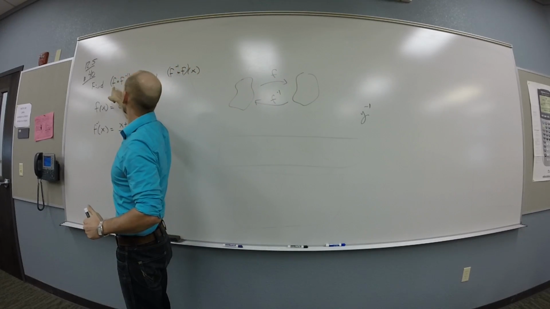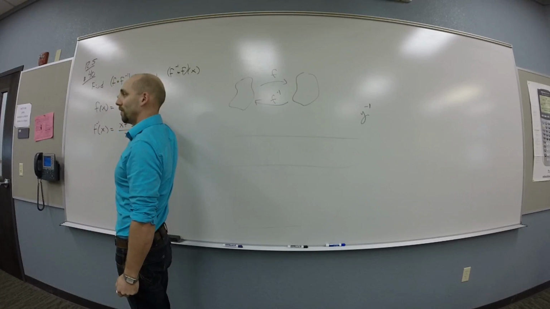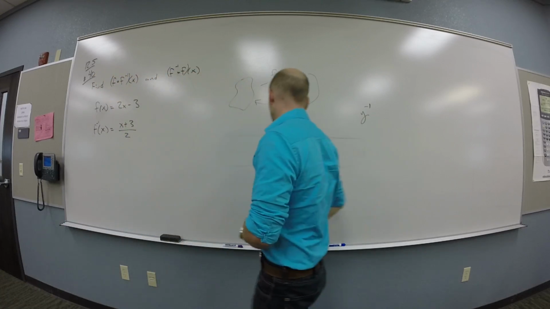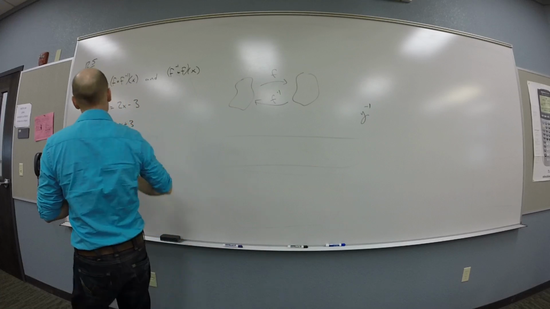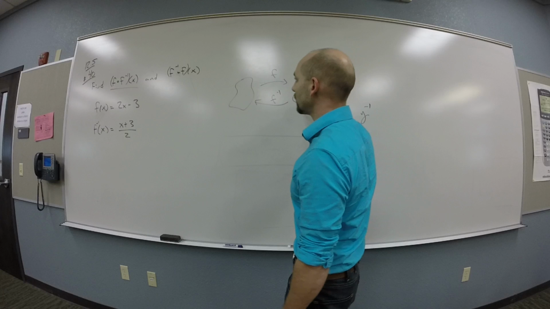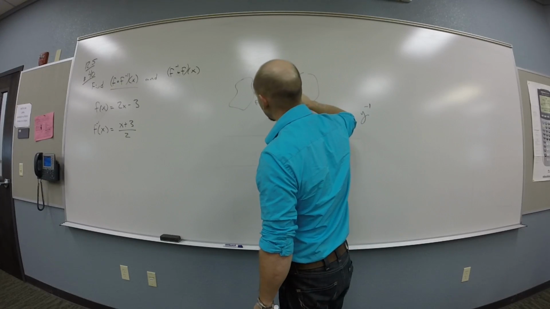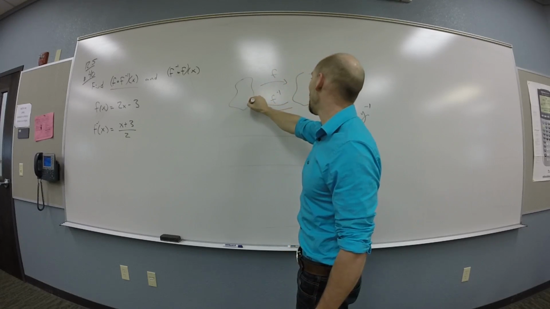This means if I'm going to put an x in here, I'm going to do f inverse to it first, then I'm going to do f to it. So I'm going to start somewhere and do f inverse first. That's this way. Then I'm going to do f.